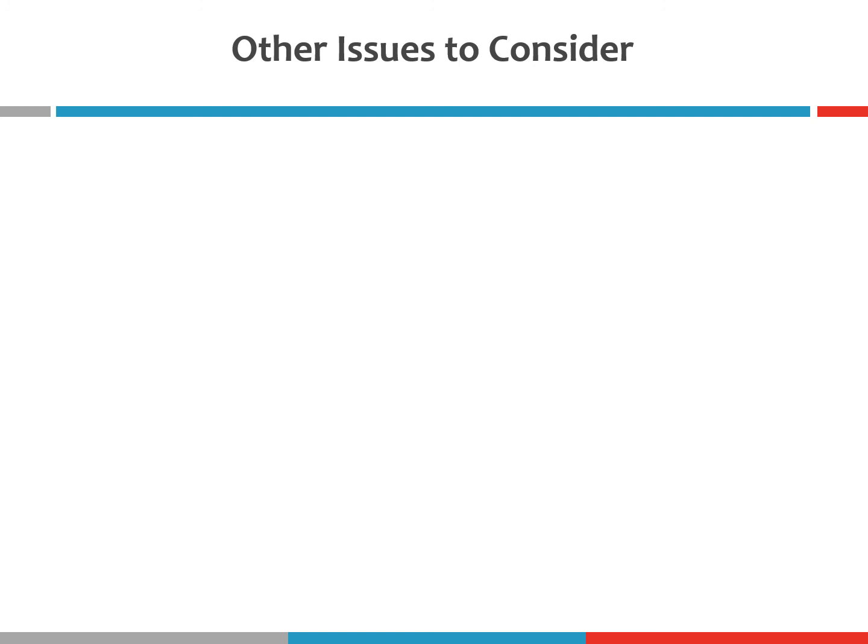Okay, so continuing our discussion of survey questions, here's a couple of things you might want to consider also when you're creating a survey. The first thing is social desirability bias.